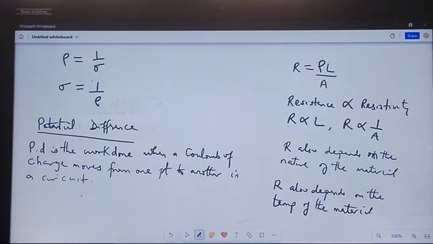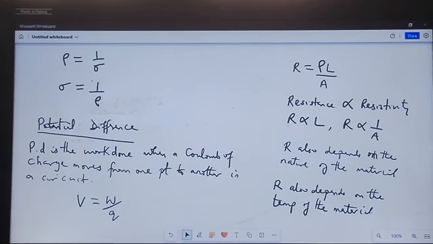So we can say mathematically that V is equal to W over Q, where W is the work done, Q is the charge, and V is the potential difference.